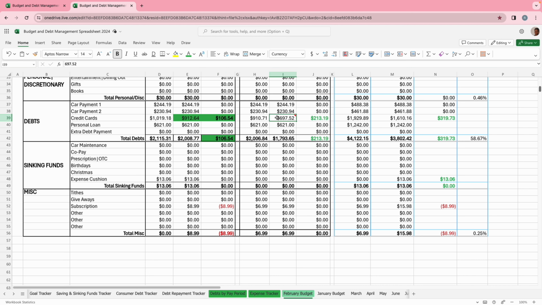for the last period, with the payment arrangement for Uplift, I underspent by $213.19. Let me see what comment I have here. That's a note about the Uplift payment.